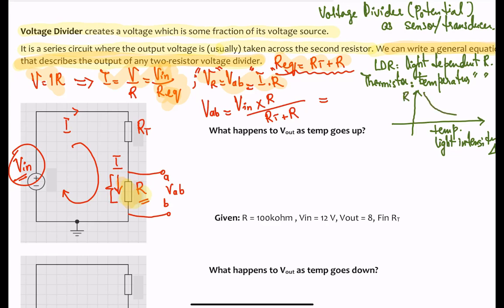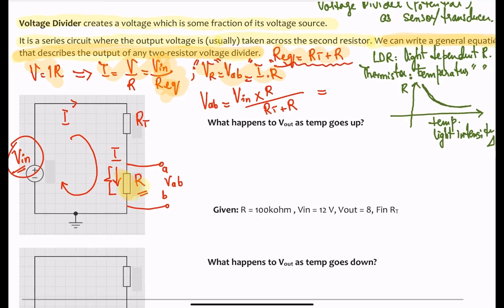The resistance is going to decrease as the temperature increases. Or if you are using a light-dependent resistor, when the light intensity increases, the resistance decreases. So there is an inverse relationship between resistance and temperature, or resistance and light intensity.